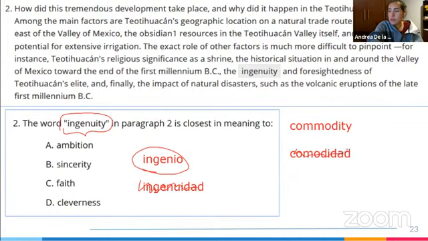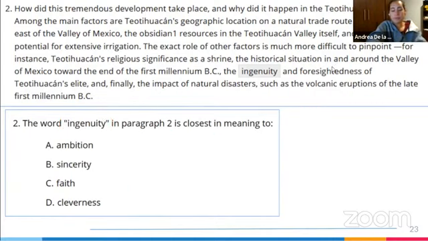You need to make sure that if you answer this question, it's because you know the word, you know what it means, or you are guessing from context. But don't let yourself be driven by something that sounds like it. Okay?